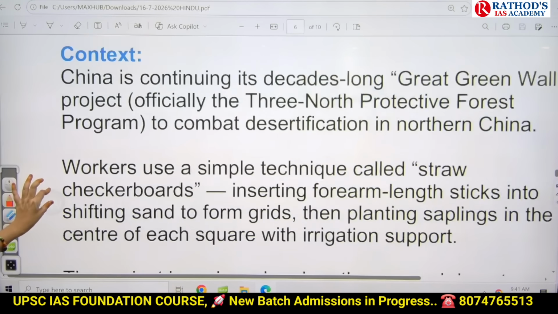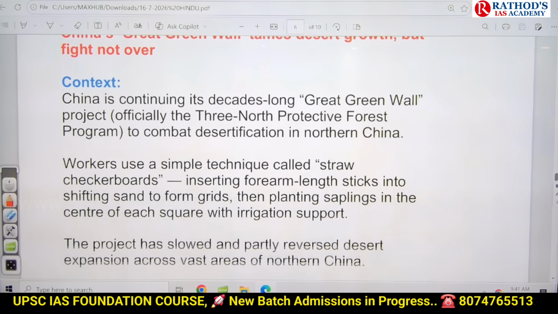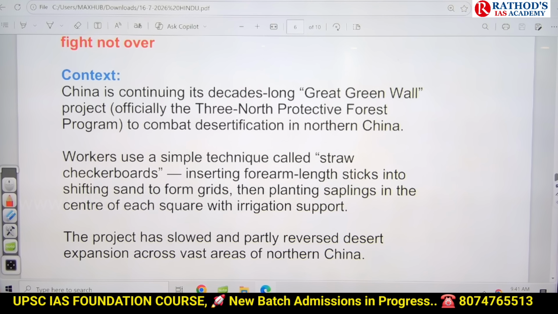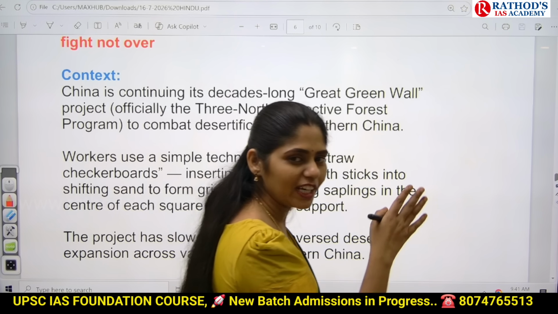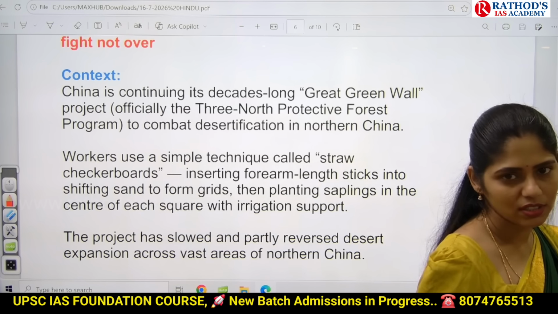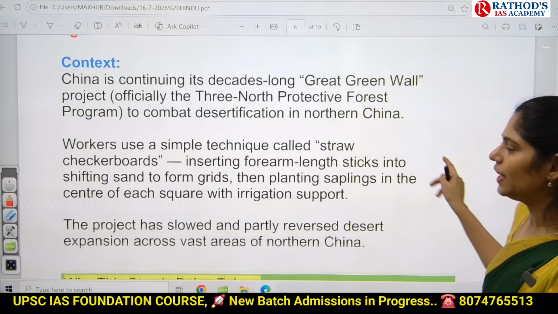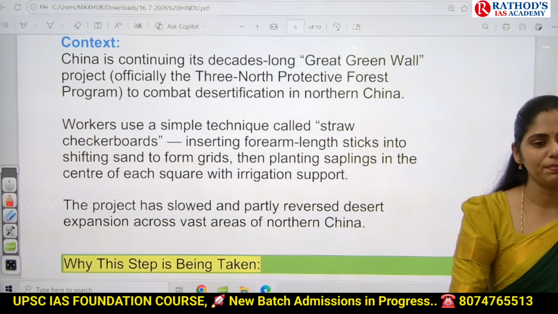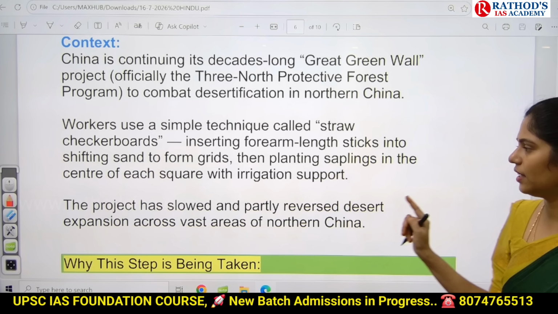So this article is saying that China is continuing its decades-long Great Green Wall project to combat desertification in northern China. In northern China, they have a desert, and for decades they have been continuing this project. It is mainly focusing on reducing the expansion of desert in this area.